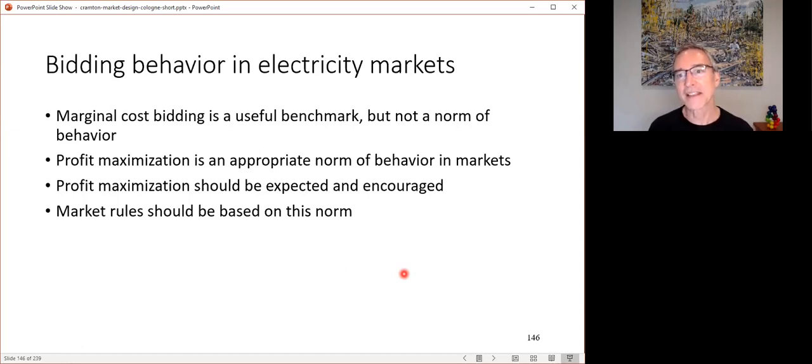The price differences can be very large, but that's exactly when the automatic mitigation steps in and makes sure that the market participants don't have very strong incentives to exercise local market power.